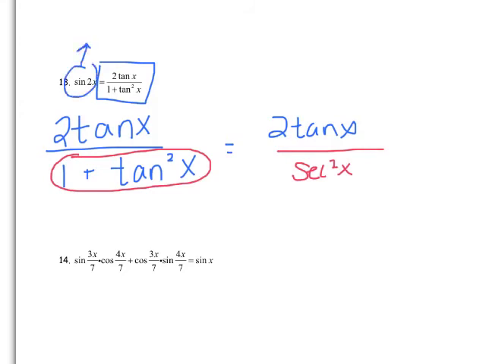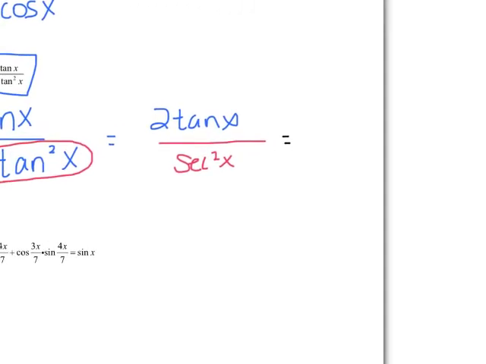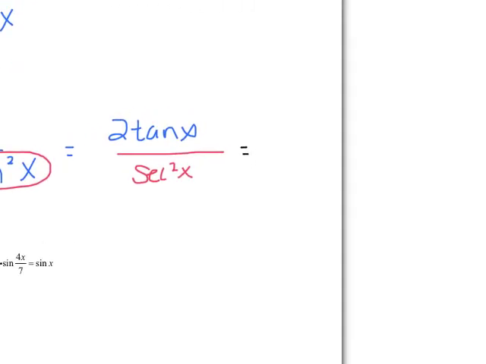Let's remind ourselves really quickly what sine of 2x is. So that's 2 sine times cosine. So I'd like to see separate trigs here. So let's rewrite this as 4 separate trigs. So I've got 2, I've got tangent, and I've got secant squared.